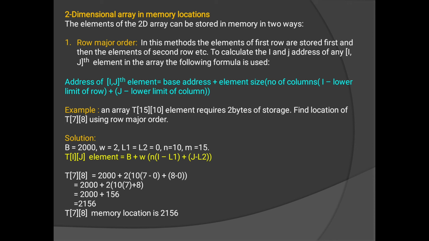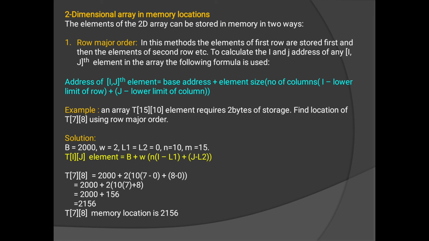So to calculate the address of any ij element in the array, the following formula will be used. Suppose the first element is 0 0, and the second element row wise will be 0 1.